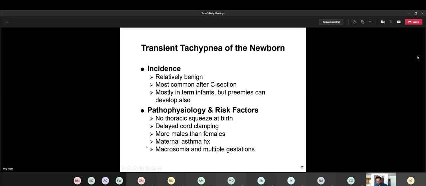And then macrosomia, which is of course the really, really large babies, the huge babies, they sometimes end up with TTN. And if you've got a set of twins, or triplets, or quadruplets, they may all end up with TTN.